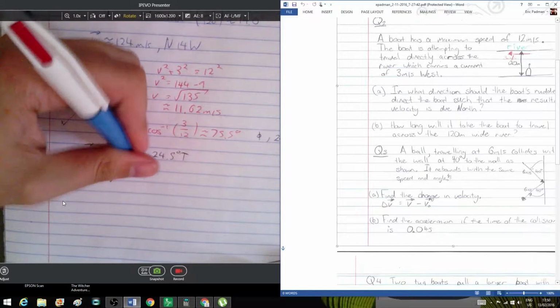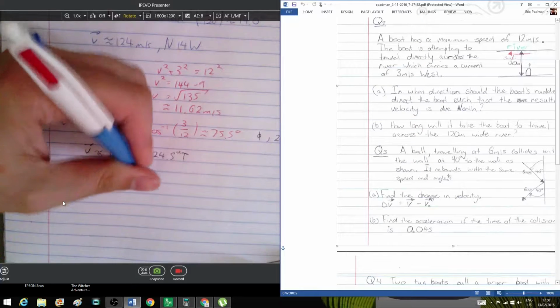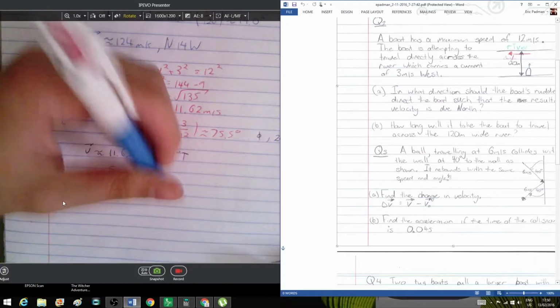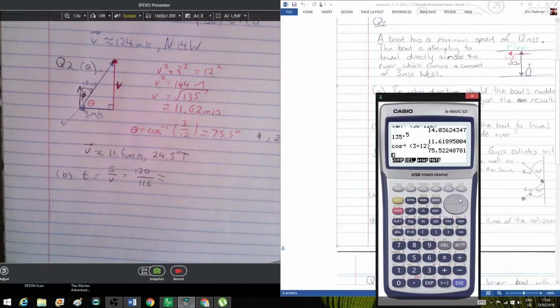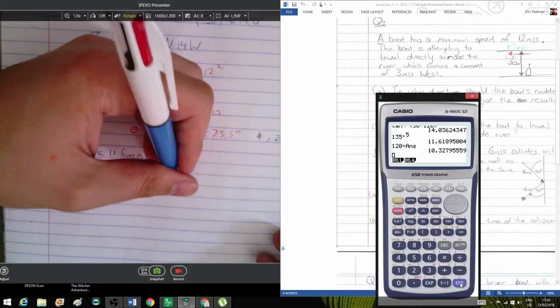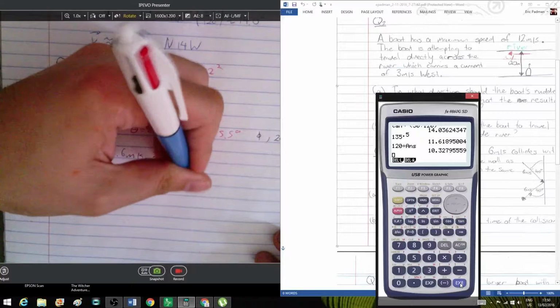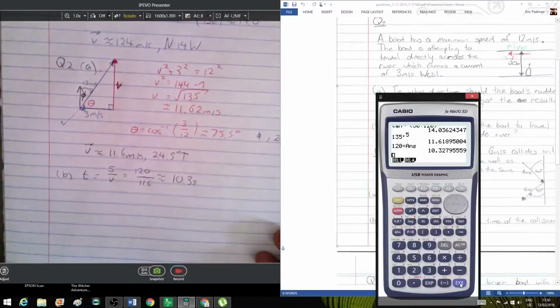So the distance was 120 and we're dividing that by 11.6. Now I'm actually going to use the unrounded value for that. What I'm going to do is just delete this line, and then I can just do 120 divided by the previous answer. Then I don't get the rounding error, and I can just round this to three figures: 10.3 seconds. There we go. Okay, so that's question 2.